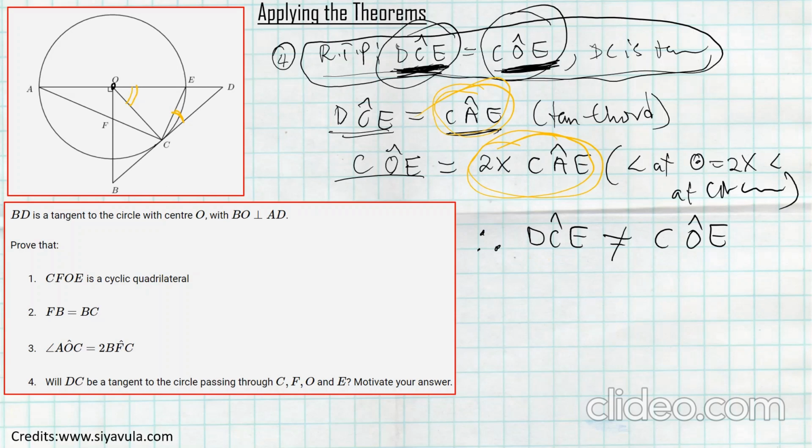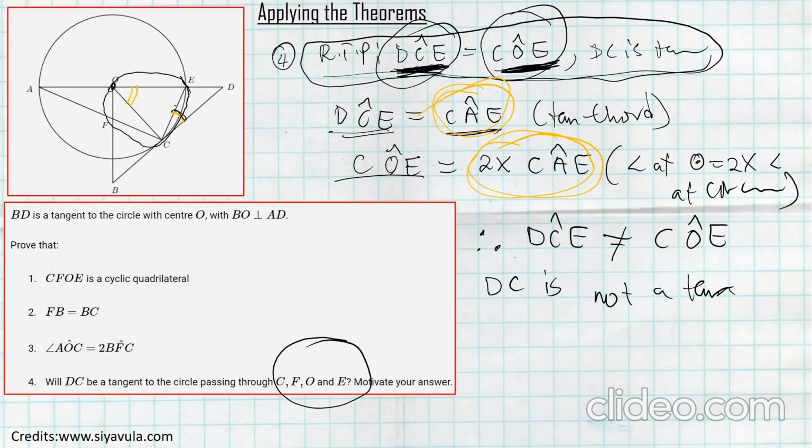And what does it imply? If this angle is not equal to this, then it means that although here we have a circle and we have just proven that it's a cyclic quad, DC is not a tangent to the circle passing through C, F, O, E, right? And why are we saying it's not a tangent?